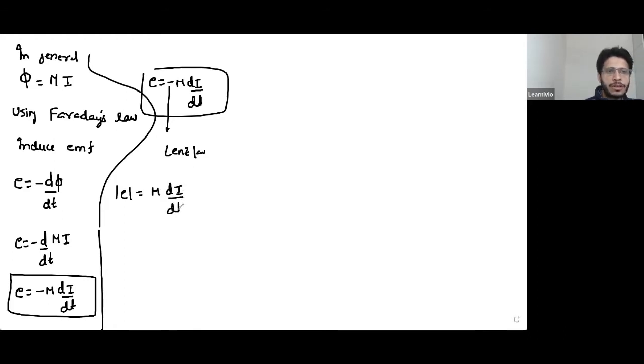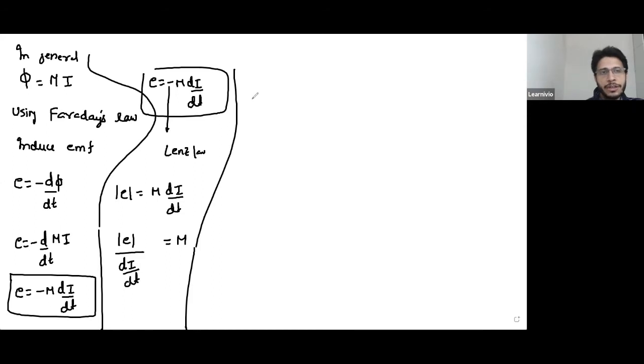I'm not using the negative sign, as I'm not considering the direction of EMF or current, so I'm just putting the modulus. So M is the modulus of EMF over dI over dt.